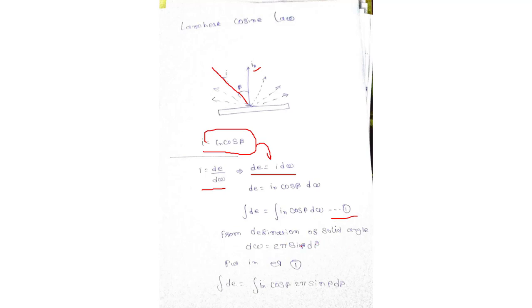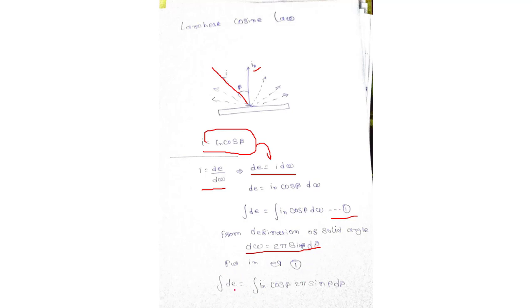Now from the definition of solid angle we can write d omega is equal to 2 pi sine beta d beta. So we put this in equation number 1.